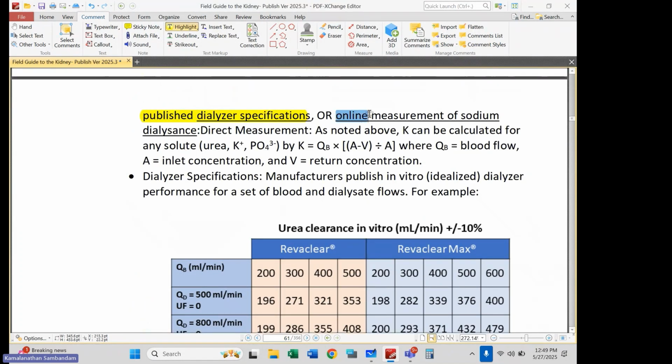Or you can also use the so-called KECN, which is a measure of conductance of sodium across a dialyzer. So the dialysis machine increases dialysate sodium concentration transiently and measures the movement of sodium from the dialysate to the patient, right?